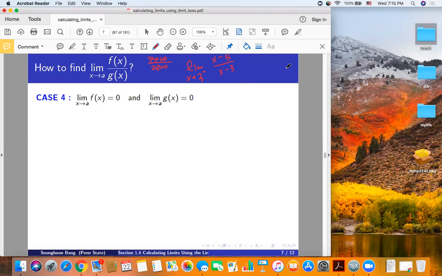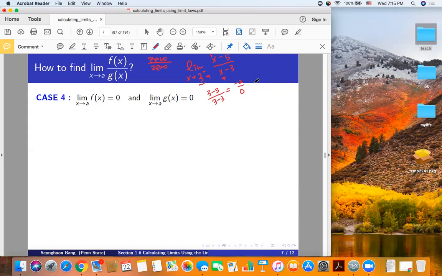Positive infinity? Yeah, positive infinity. We can use the same method. You can plug 3 into x. So 3 minus 5 over 3 minus 3 is exactly negative 2 over 0. A non-zero over 0 form. This is exactly a one-sided limit.